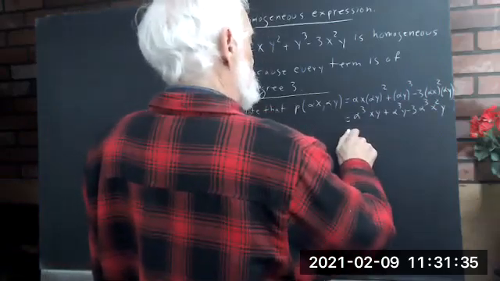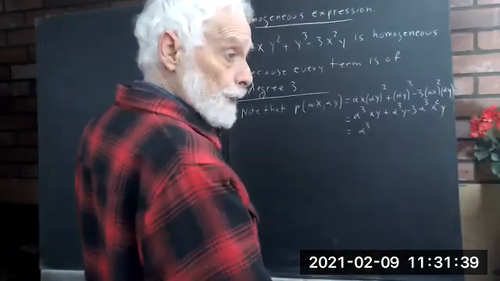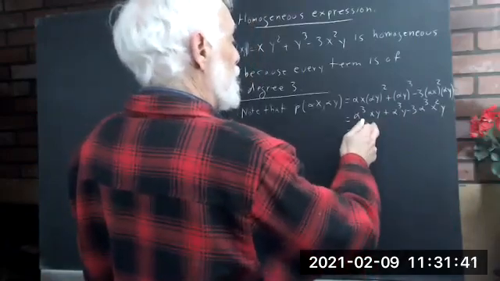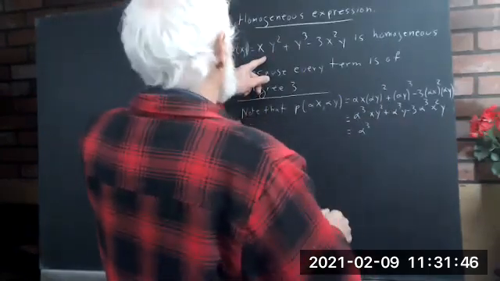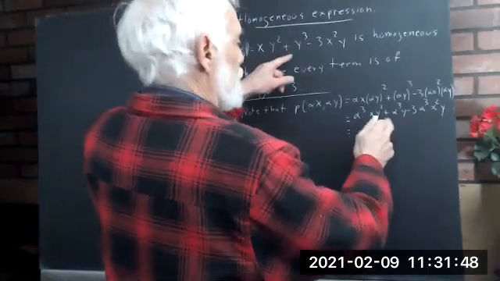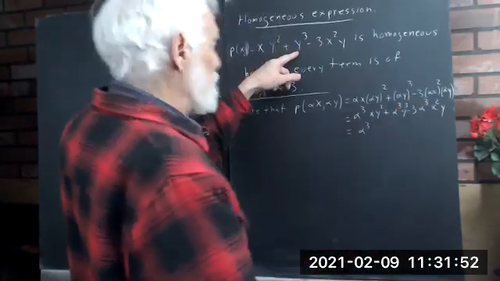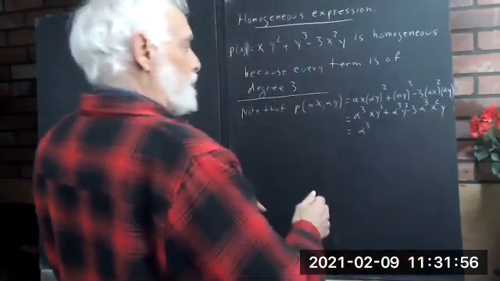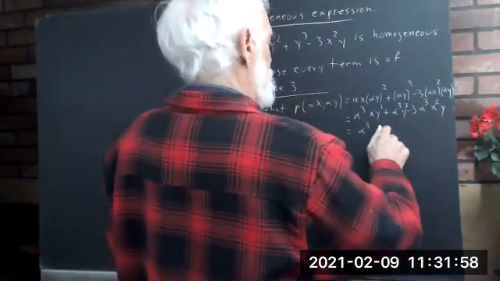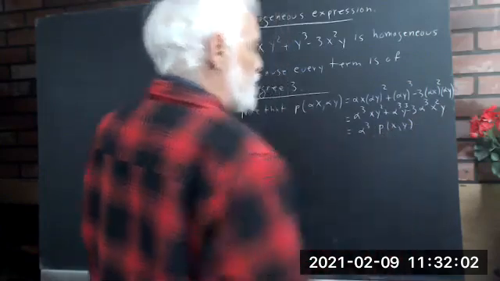which is alpha cubed that can be factored out of all this. And what you've got left is just xy squared here, a y cubed here, and then minus 3x squared y here. So it's alpha cubed times P of x, y.